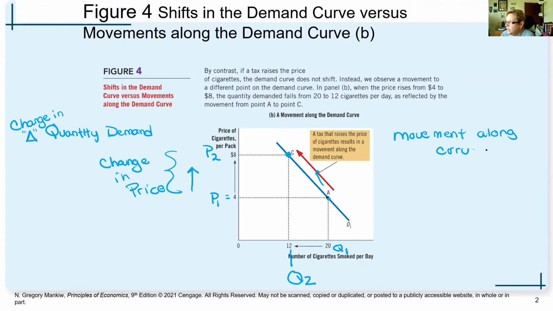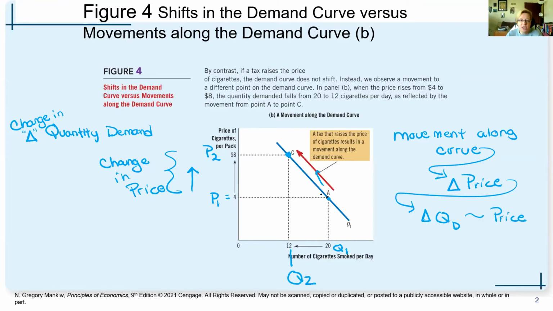And the only thing that can cause that movement along the curve is a change in, or delta, price. So we know that this depiction here, the movement along the demand curve, is a change in the quantity demanded. Why? Because what caused that was price, and that's the only thing that can cause movement along a demand curve.